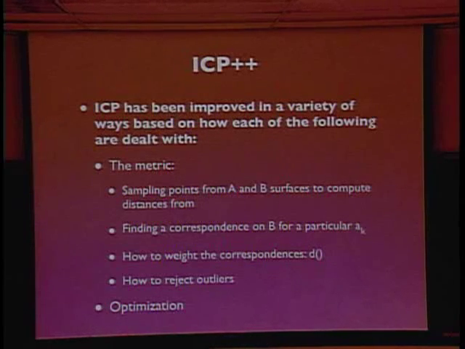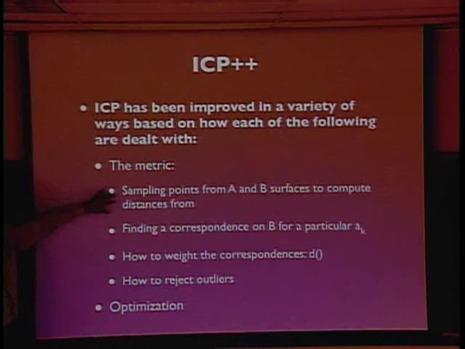Now, I've just told you what the limitations of ICP are. So over the years, there's been a whole literature of ICP++s, of ways of improving the method by improving either the metric or the optimization. We've actually talked about a couple of those already. So there are different ways of sampling those 2 discretely sampled surfaces so that you don't have those problems with outliers and so on.